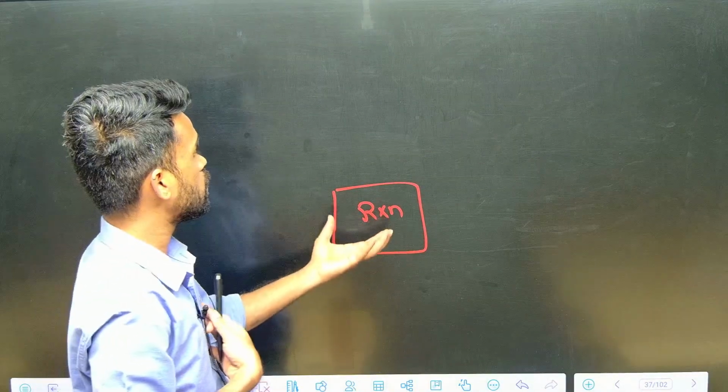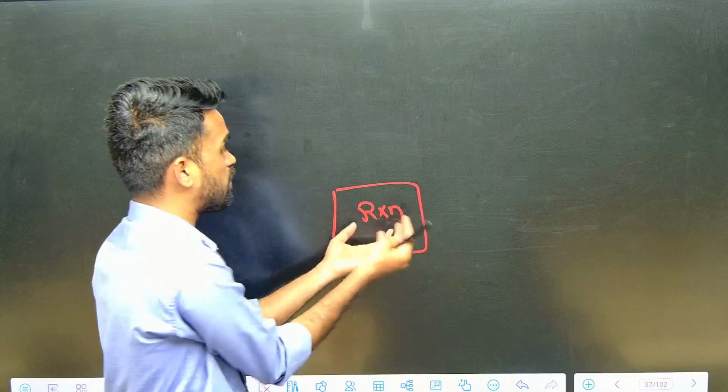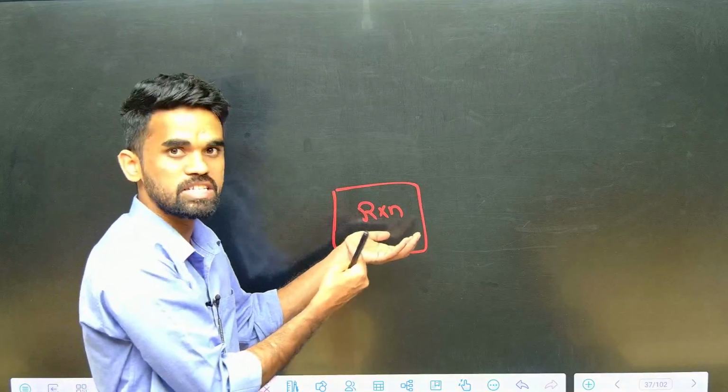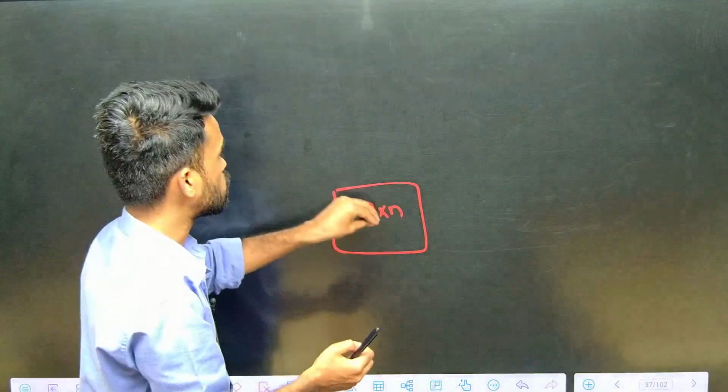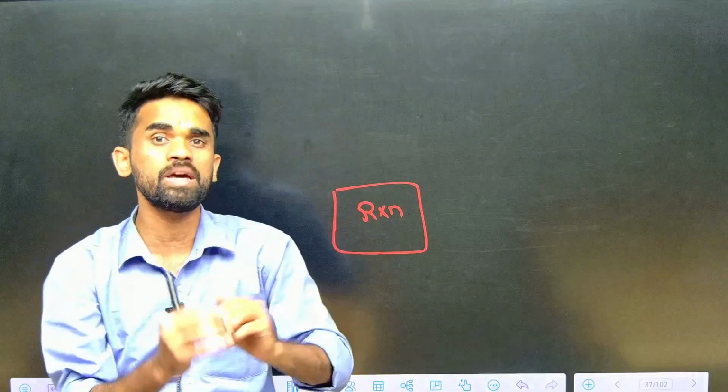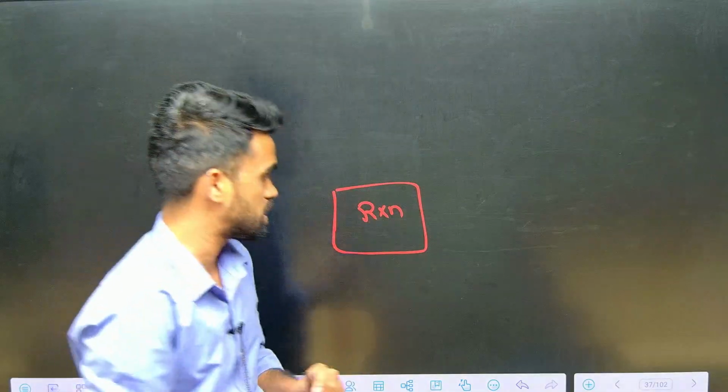The species under our observation is considered to be the system. The remaining portion is considered to be the surroundings. System plus surroundings is considered to be the universe. These are very basic terms.